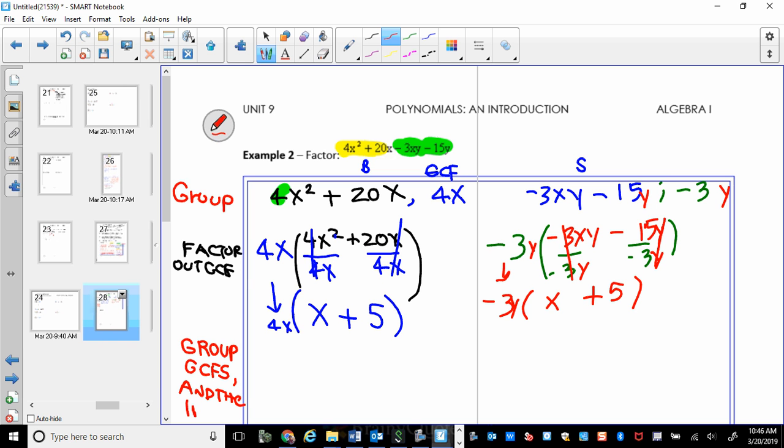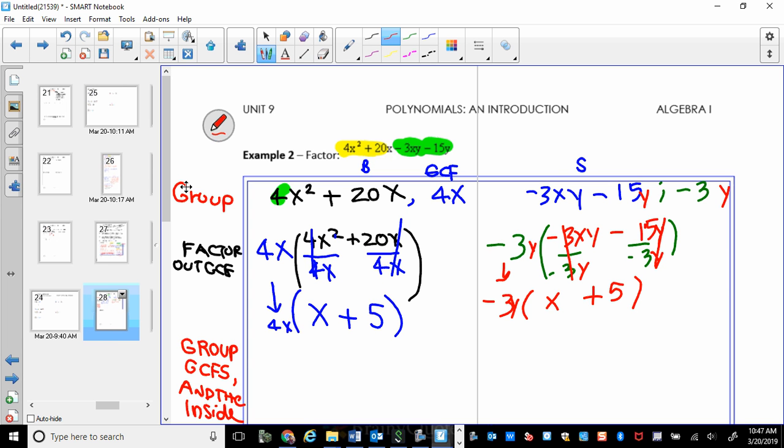Write it down so you understand it when we actually do it. Write down the instructions. All right, so we group the GCFs and the inside.